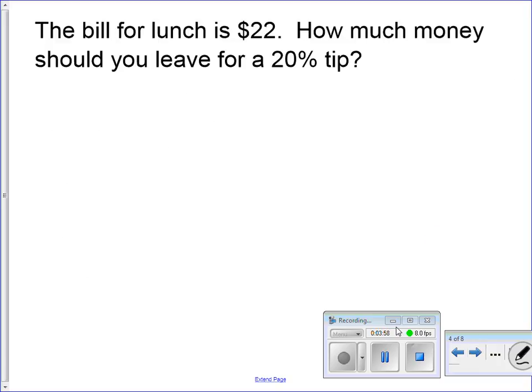The bill for lunch is $22. How much money should you leave for a 20% tip? So there's two strategies. You could use the 10% trick, or we can just multiply. What we're looking for here, if we're going to leave a 20% tip on $22, is what is 20% of 22.